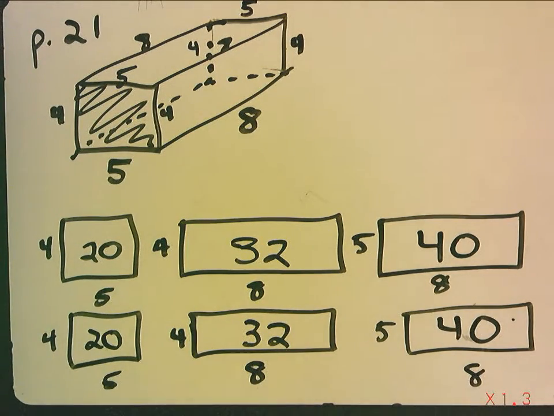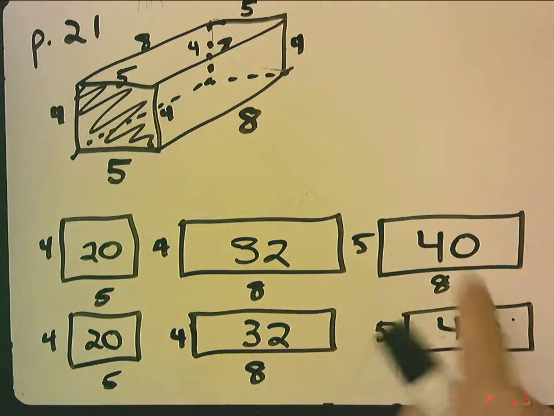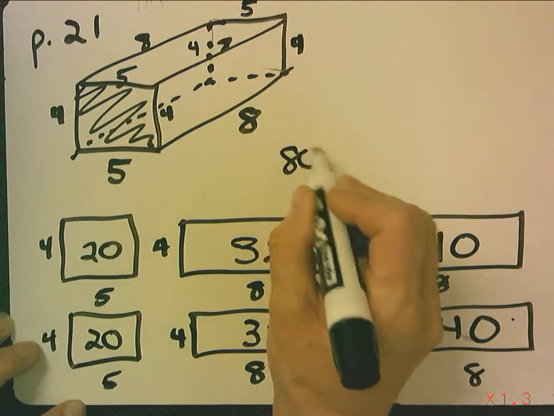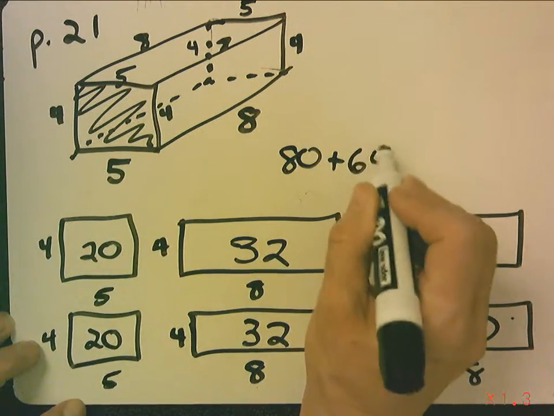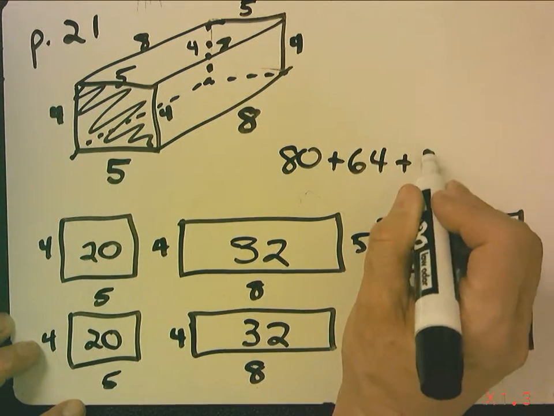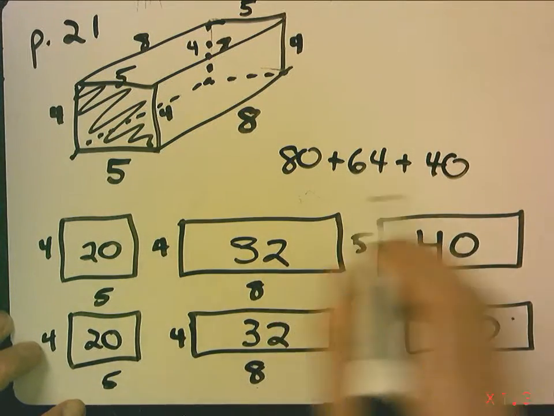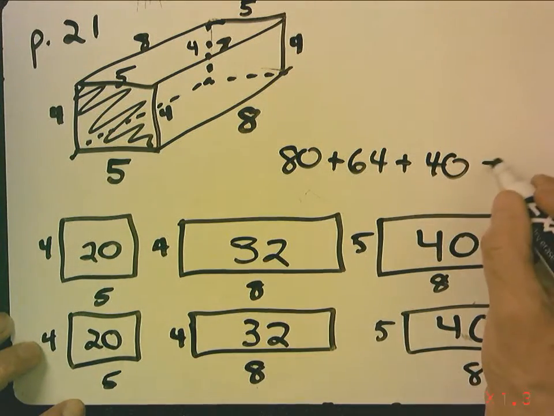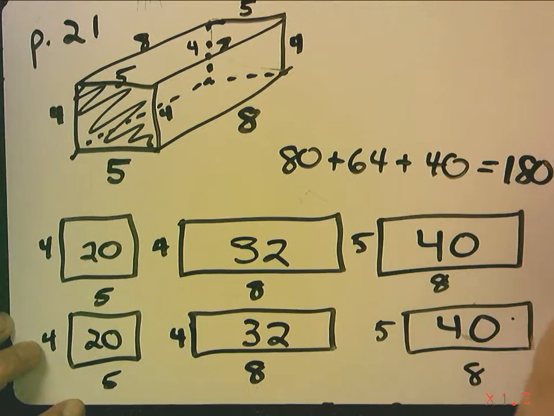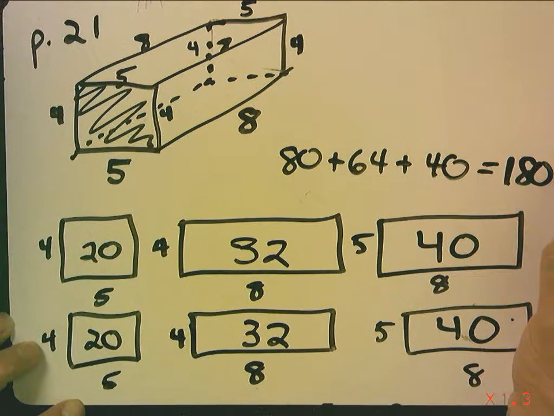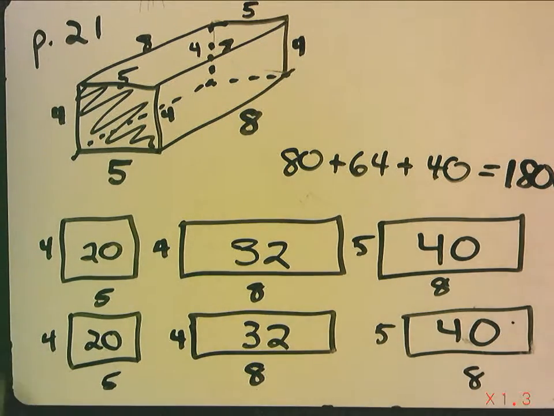Now I just add these all together. 40 plus 40 is 80, 32 plus 32 is 64, and 20 plus 20 is 40. So that's 104 plus 80, which equals 180 units squared. So this surface area would be 180 units squared.